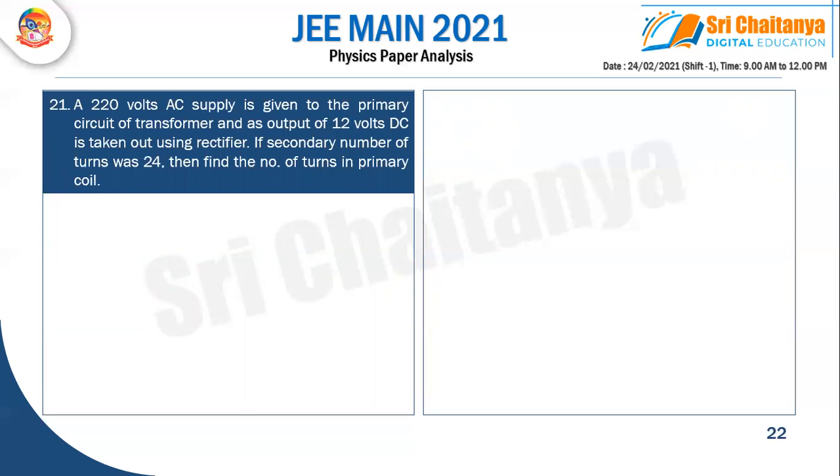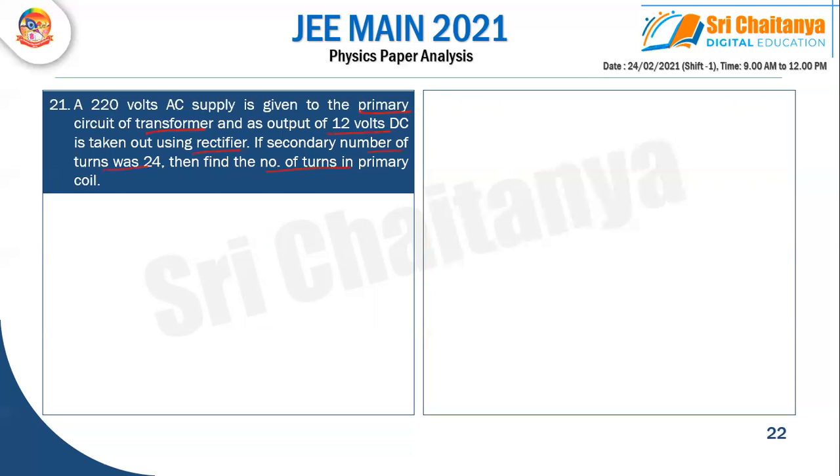Now a 220 volts AC supply is given to the primary of the transformer, and as output, 12 volts DC is taken out using a rectifier. If the secondary number of turns was 24, find the number of primary turns.